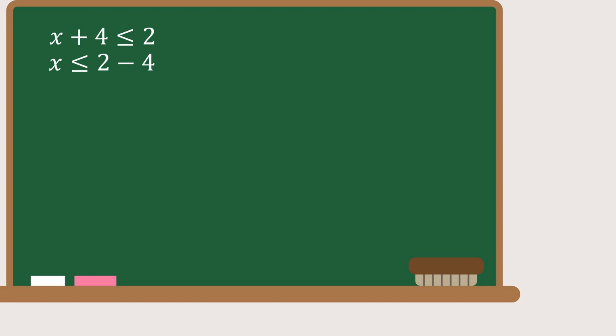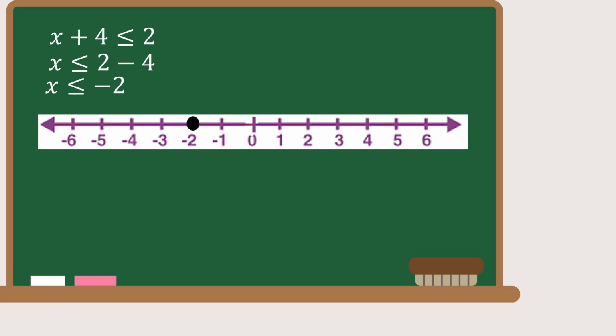So 2 minus 4, we have x is less than or equal to negative 2. Okay, let us now graph on the number line. Since the symbol is less than or equal, we will go to the left. Therefore, the interval notation for our solution is open parenthesis, negative infinity, comma, negative 2, and closed bracket.